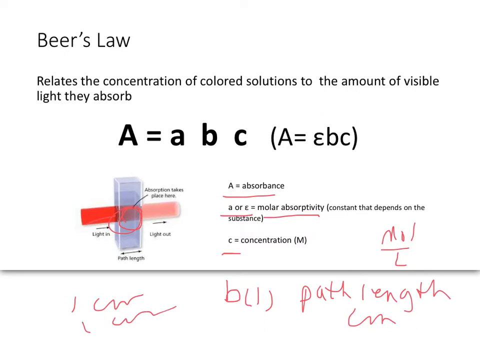So the path length, b, is generally 1. Now if we take different samples with different concentrations, what will be the same is their molar absorptivity. The path length will be the same. And then we have this direct relationship between absorbance and concentration.